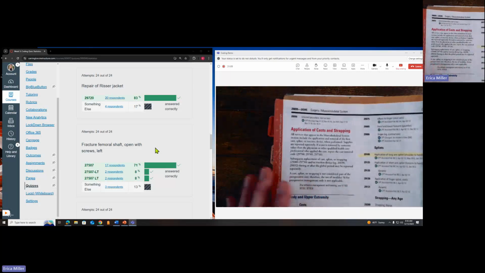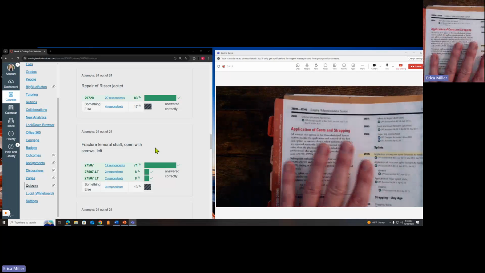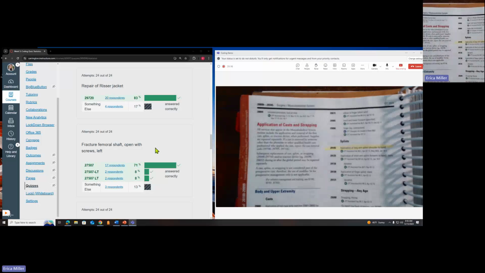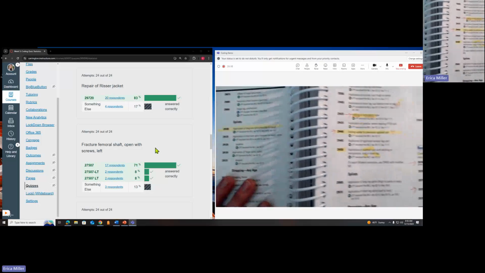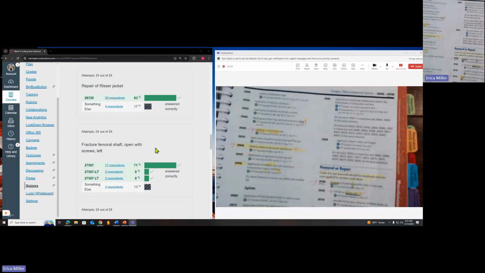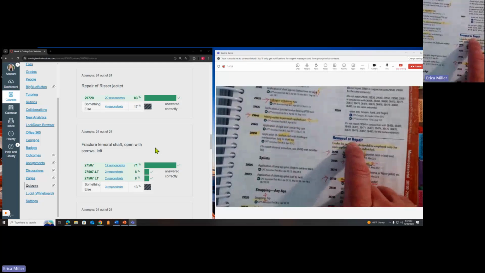Okay, so now we know we're in the right area, right? Cast, strapping, and now we have to look for the subsection. And look at this. Removal or repair.